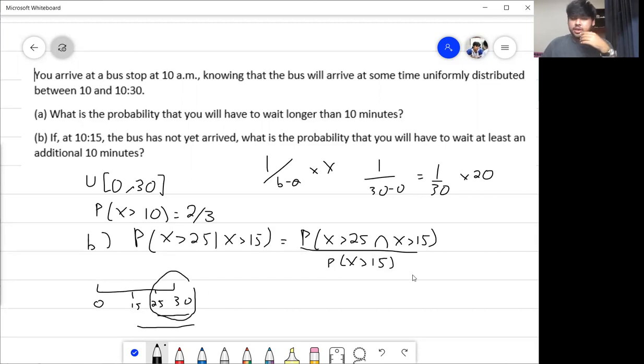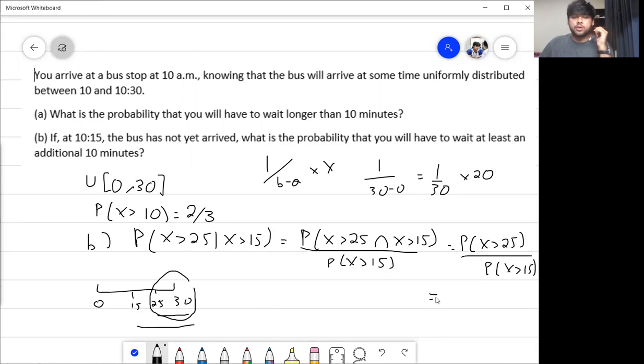It's also called Bayes probability or Bayes theorem, but I'm more comfortable using this as logic. If it's greater than 25 and greater than 15, it basically implies that it's greater than 25, because it's an AND statement. So this will be the probability of x greater than 25 upon the probability of x greater than 15.